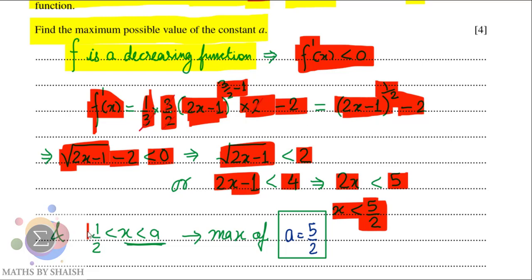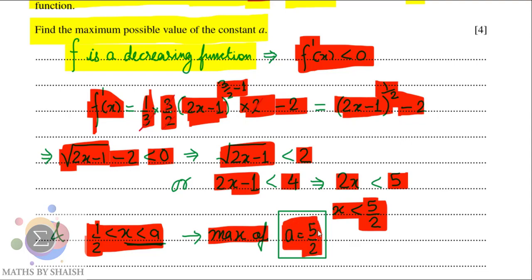So since x was between 1 by 2 and a, and x is less than 5 by 2, the maximum possible value of a can be 5 by 2. That's how we get the value for the domain of a function with the conditions given.